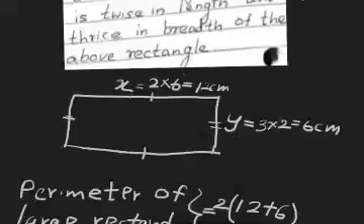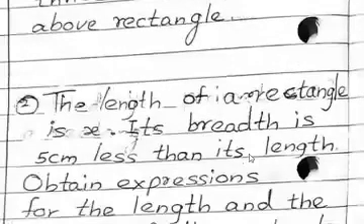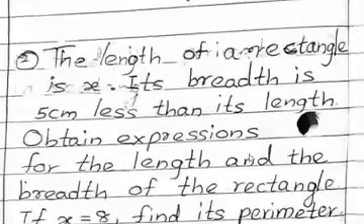Okay, we will move to our second question. That is another type of question. The length of a rectangle is x. Its breadth is 5 centimeters less than its length. Now you have learned algebraic expressions and algebraic terms in this grade, right?